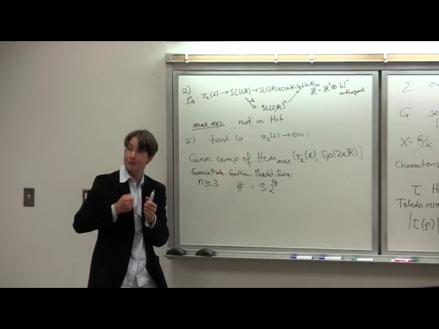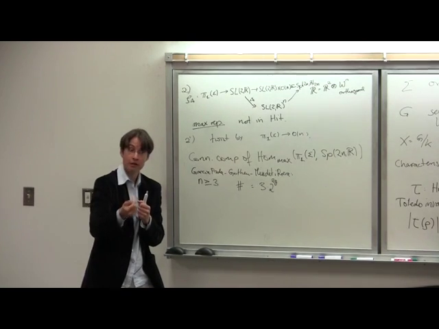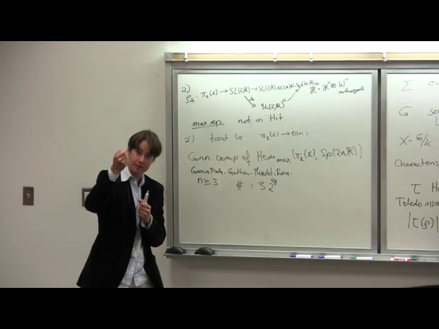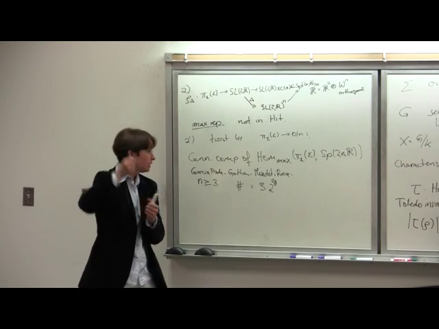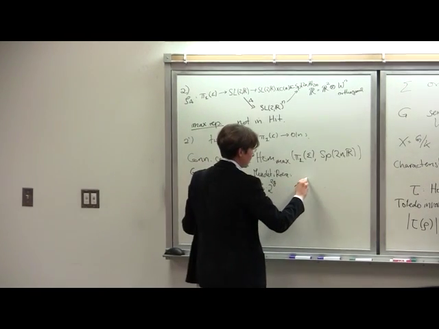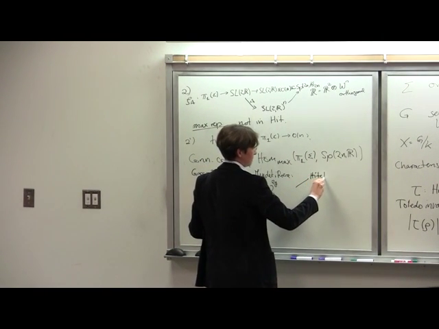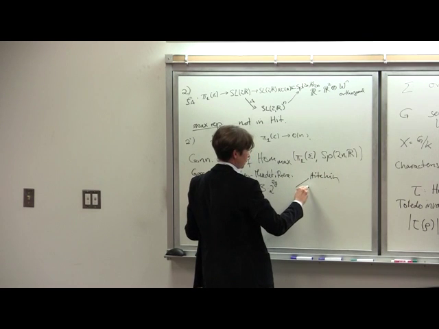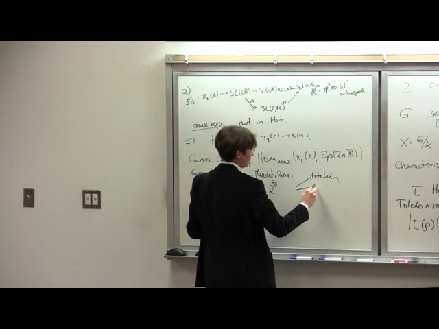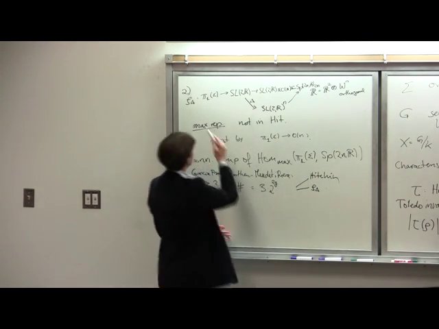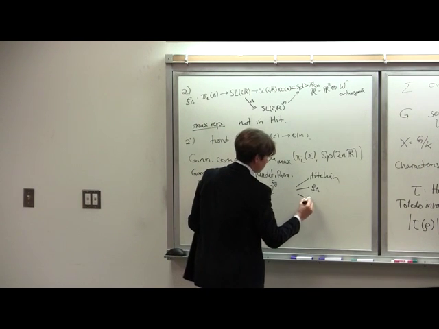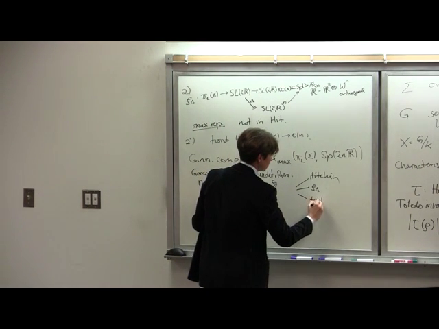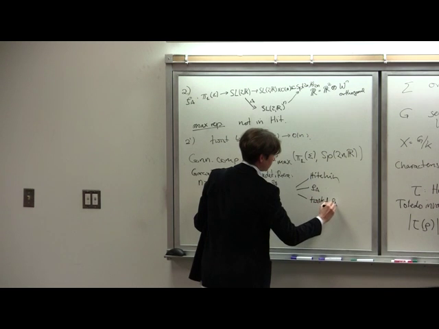If you have a discrete embedding into PSL2R, there are 2 to the 2g possibilities of lifting it to SL2R. And then it can either be deformed to the reducible one, so it's in the Hitchin component, or it can be deformed to this diagonal one, or to a twisted diagonal one.